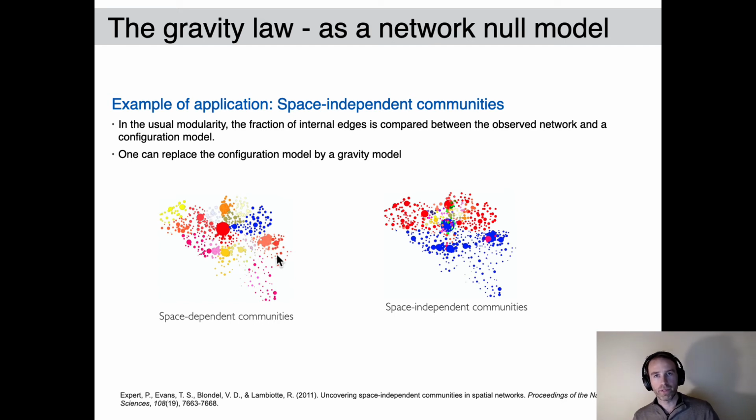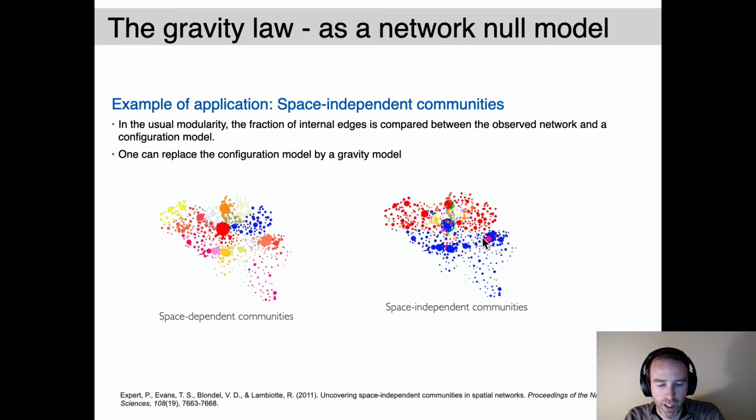But since it's a spatial network, you're detecting something that you more or less already know, because you're detecting the fact that these nodes are close to one another in space. But here, what you're detecting is something that was not known before, that was hidden behind this effect of space, which is that your country is maybe organized in two main parts.